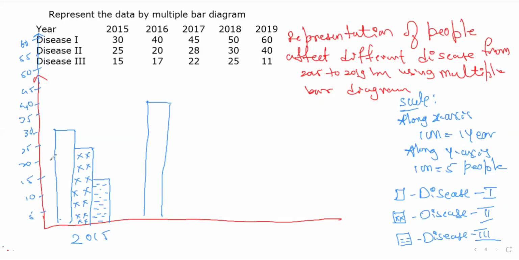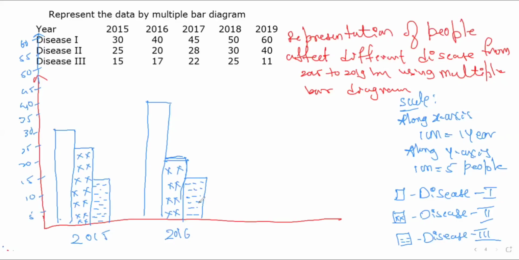So this is 1 represented by empty, this is 2 represented by cross sign, then the minus sign. This is for 2016. Likewise, you need to draw for 2017, 18, and 19.